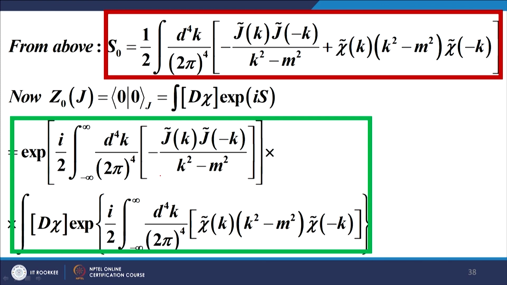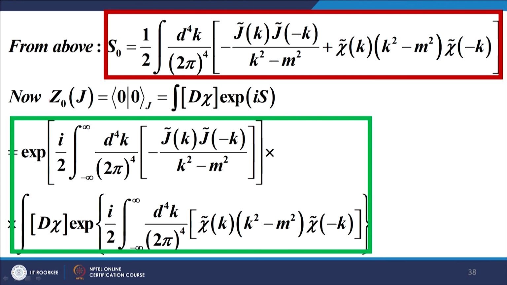Because a free field in a ground state must remain in the ground state if there is no source acting on it. So, if j is equal to 0, then the free field will remain in its ground state. That means the probability of the transition of the free field from the ground state to the ground state must be 1, and the transition amplitude must also be 1.